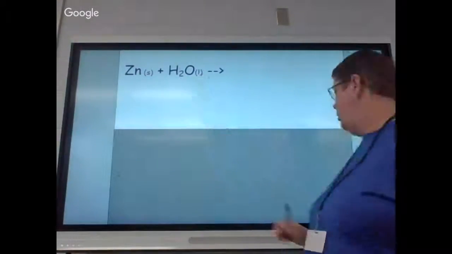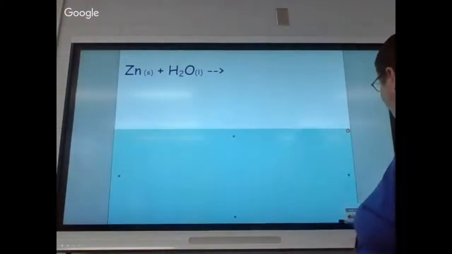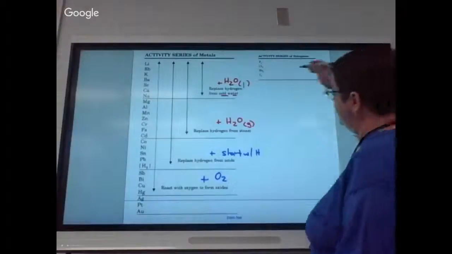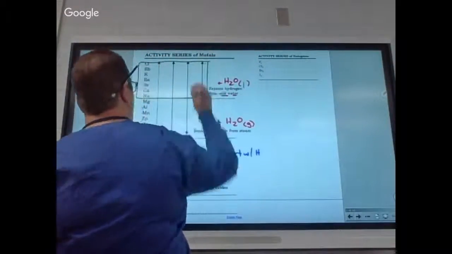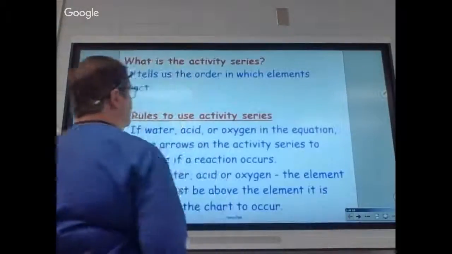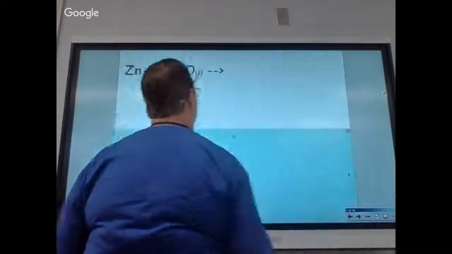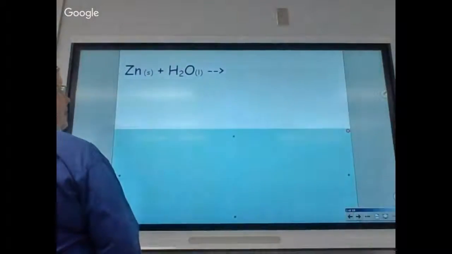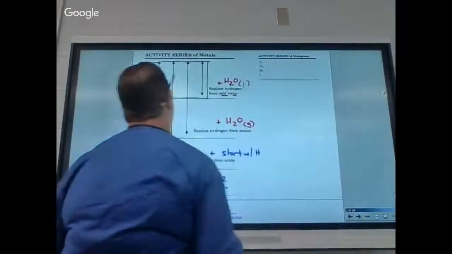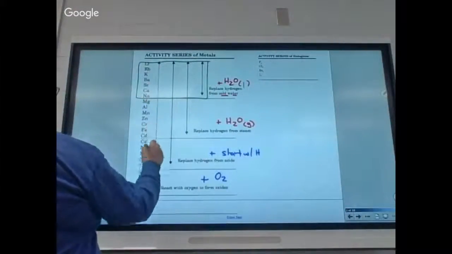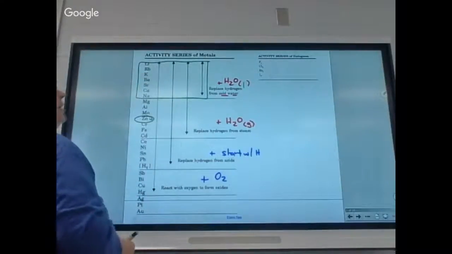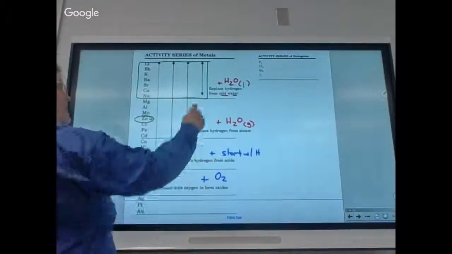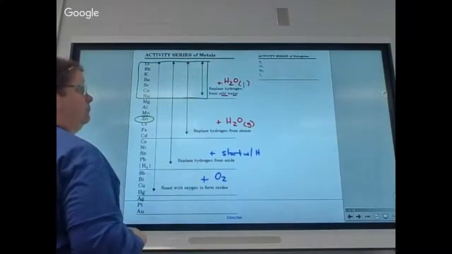Water is a liquid, and that is this section right here. So is zinc in that section? No. So if zinc, which is right here, is not in that section, the answer is, does zinc react with cold water?